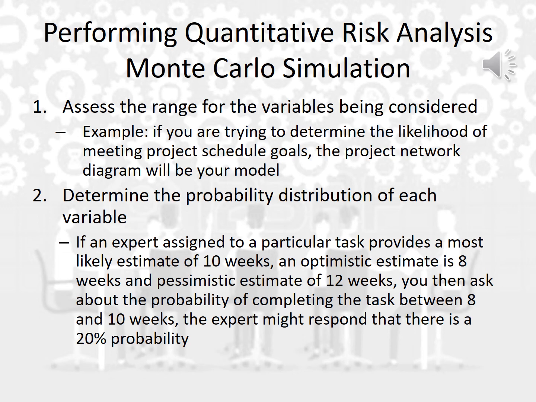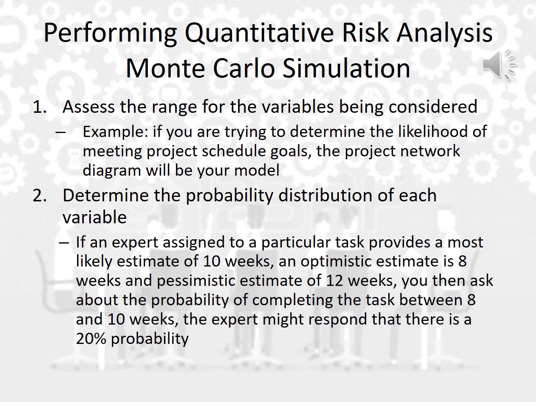Second point, determine the probability distribution of each variable. In point number 1, we evaluated the variables that we considered. Now we need to determine the probability distribution for each variable that we already determined in step number 1.